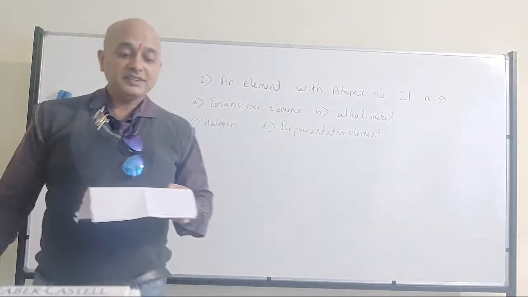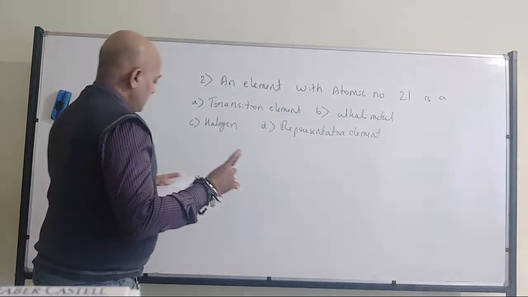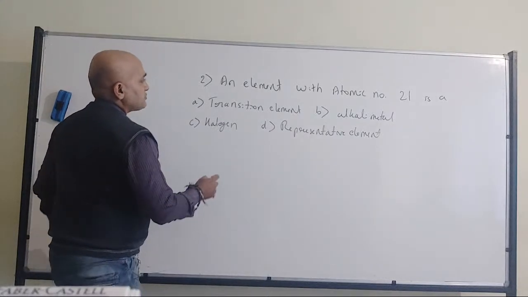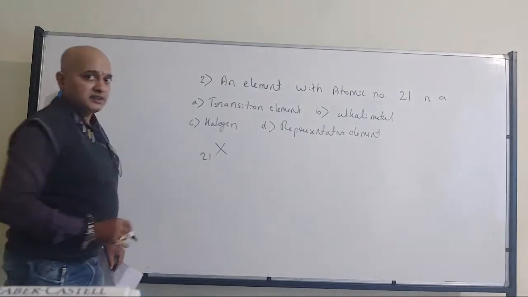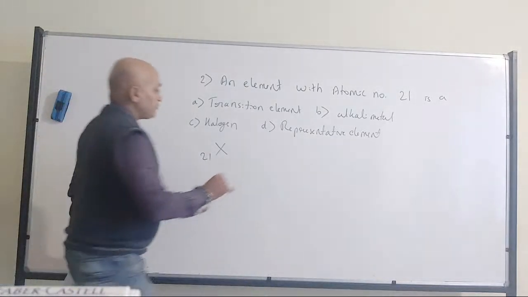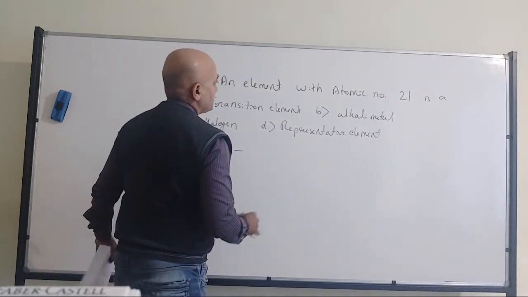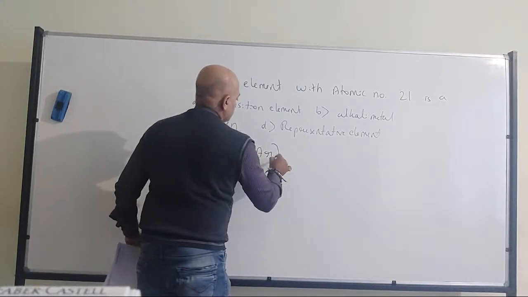Okay, very good. Option A, people are writing option A is transition element. So first what we have to do? We have to write the electronic configuration, right? So for this type of question, first you should write the electronic configuration. So since it is 21, we can go with the argon, right?